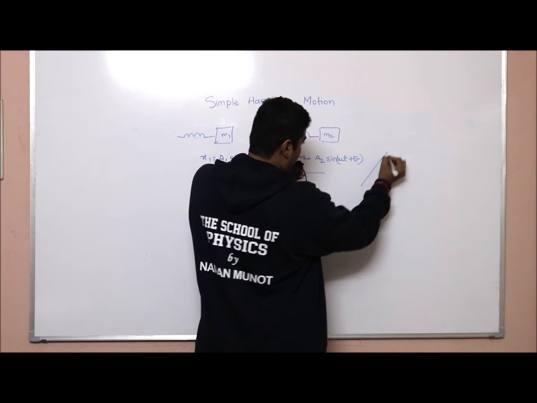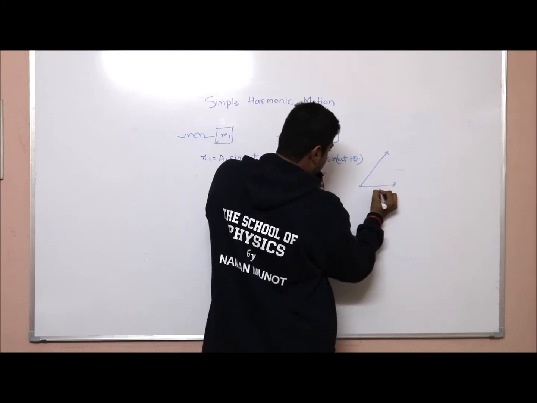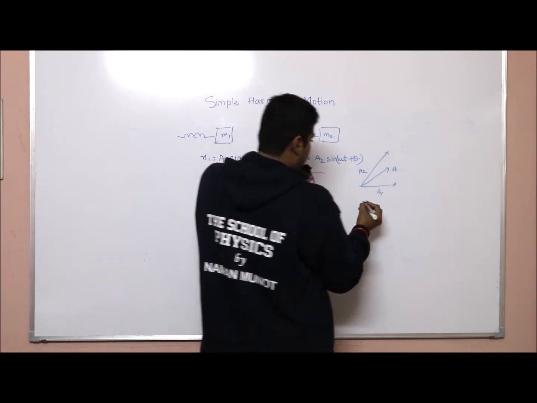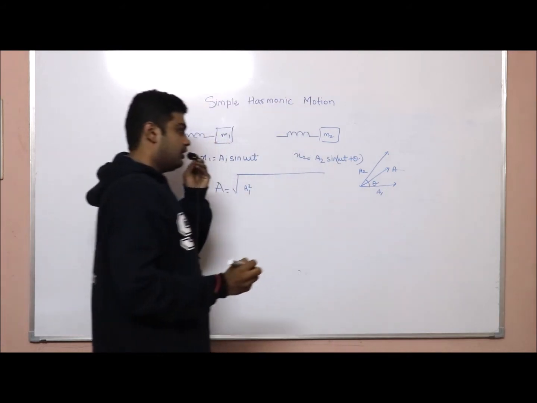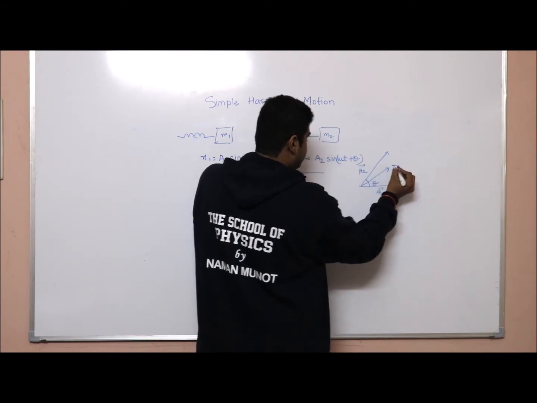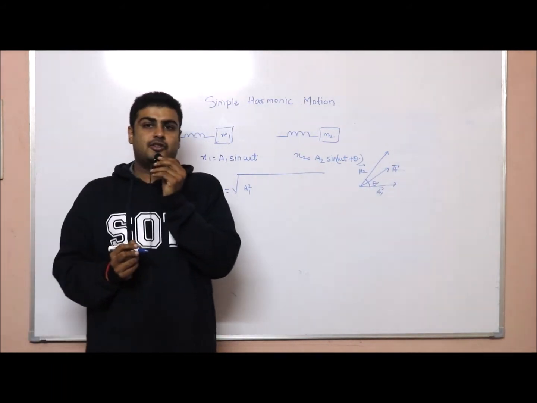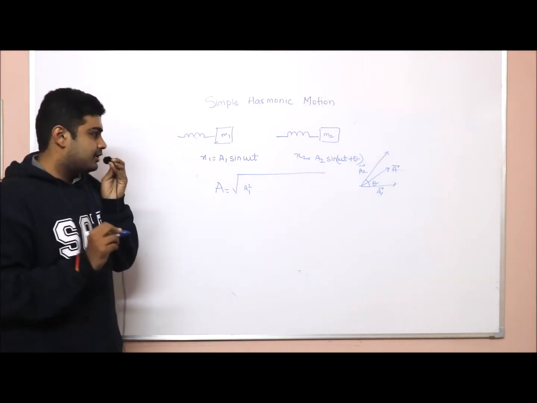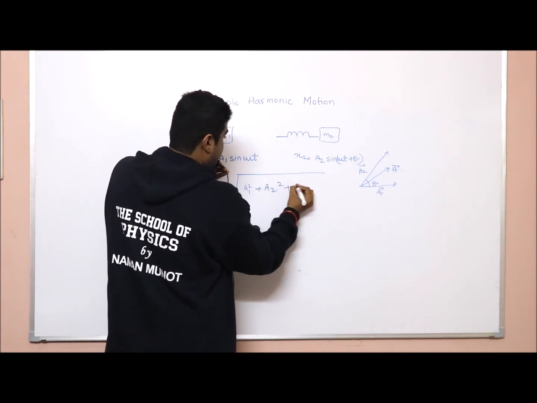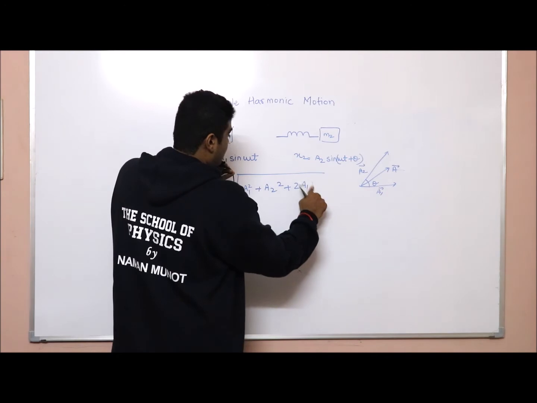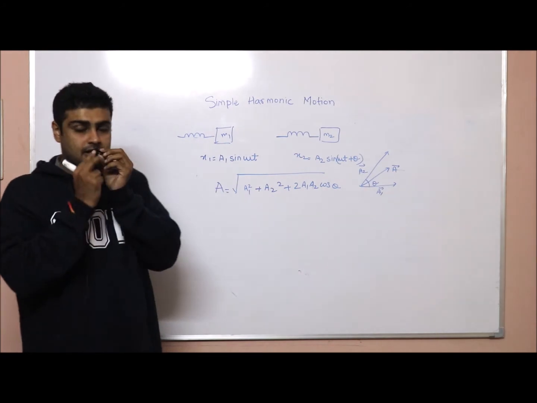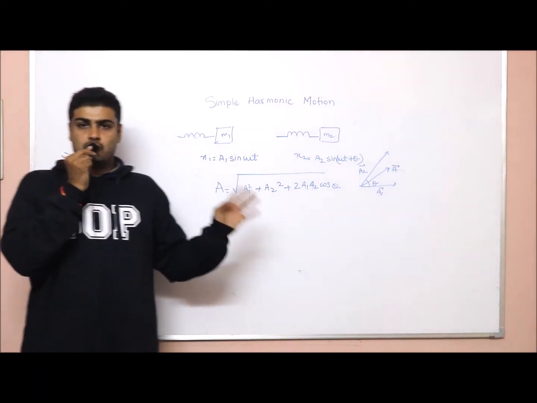We can recall from the chapter of vectors that if this is a1 and this is a2, and the angle between the a1 and a2 vectors is θ, the magnitude of the resultant A will be the square root of a1² + a2² + 2a1a2 cos θ. This question will be directly asked, and it's asked a lot of times. So, superposition of two SHMs.